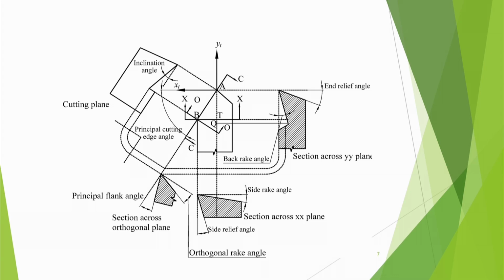That means in the cutting plane and orthogonal plane, basically the heights will appear to be the same, because both are vertical types of plane, although one plane is 90 degrees to the other. So in this orthogonal plane, you will be getting principal flank angle, and you will also get orthogonal rake angle here.